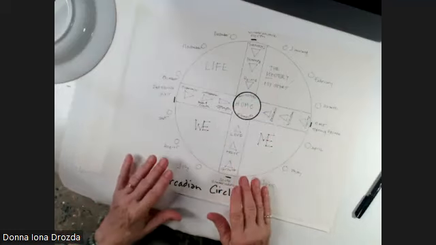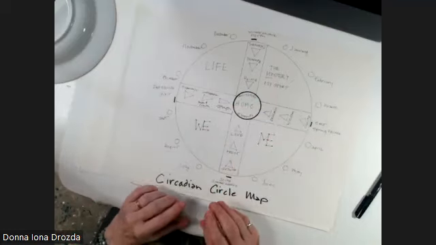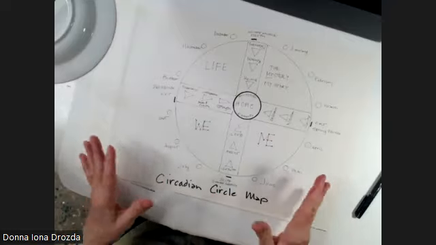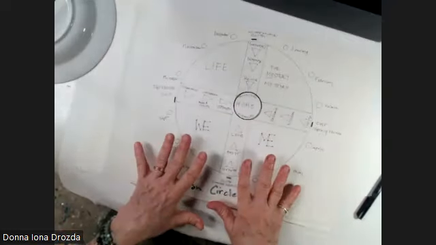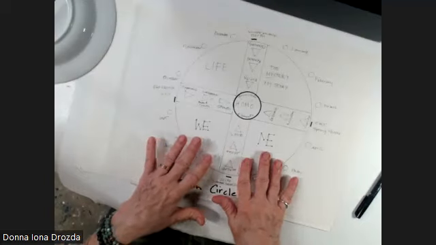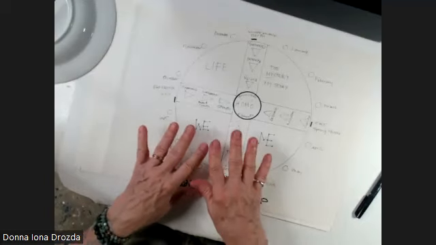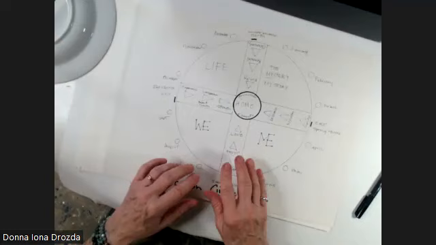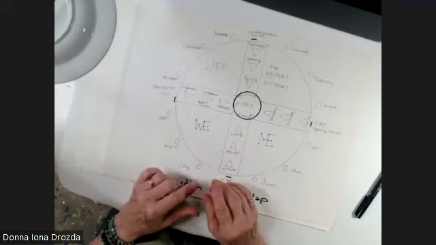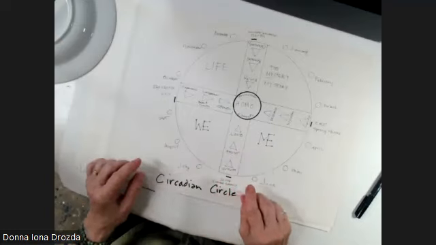Now, there's so much more, so many wonderful ways to put tracing paper over the top of your wheel and then add a new way of looking at the wheel. So if there's interest, I'd be happy to do a follow-up on that.